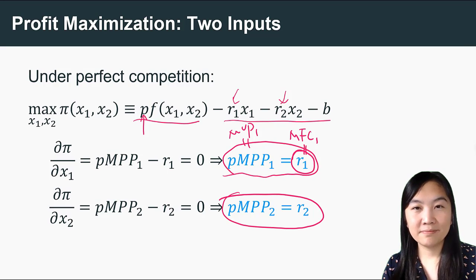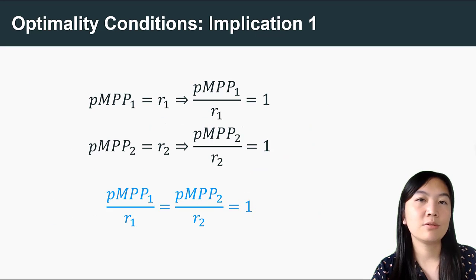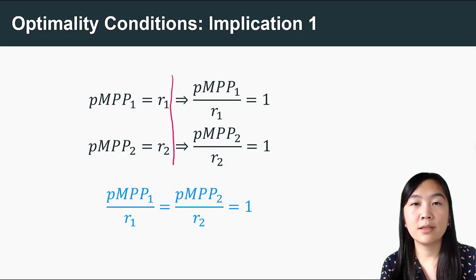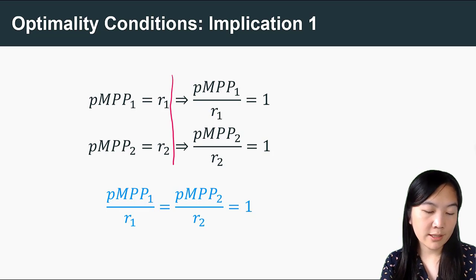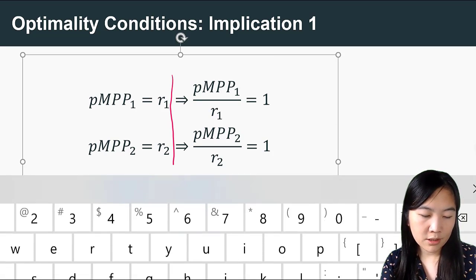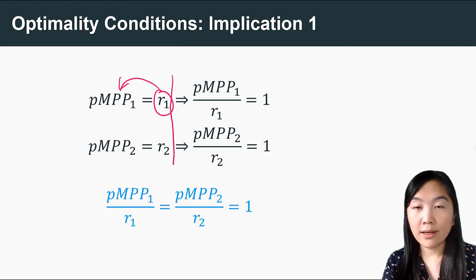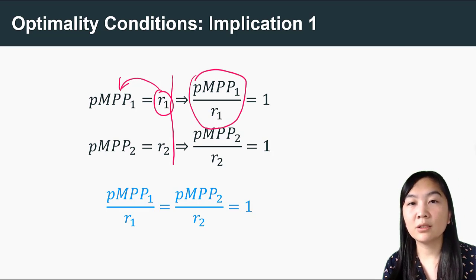There are different implications of these two optimality conditions, and let me explain why. On the left are the optimality conditions we have just derived. We can write it a little differently by reorganizing the terms. We put R1 to the left. Then what we get is P times MPP1 over R1 equals 1.